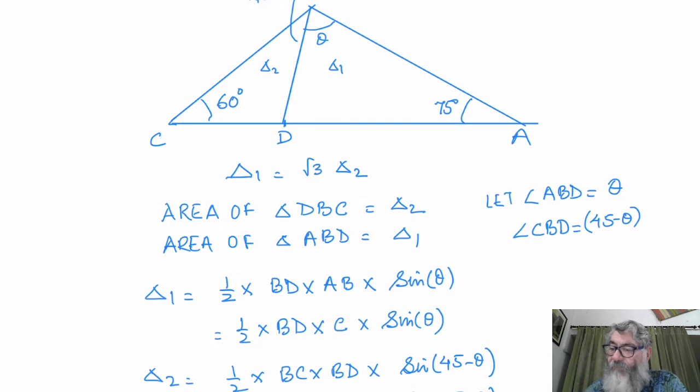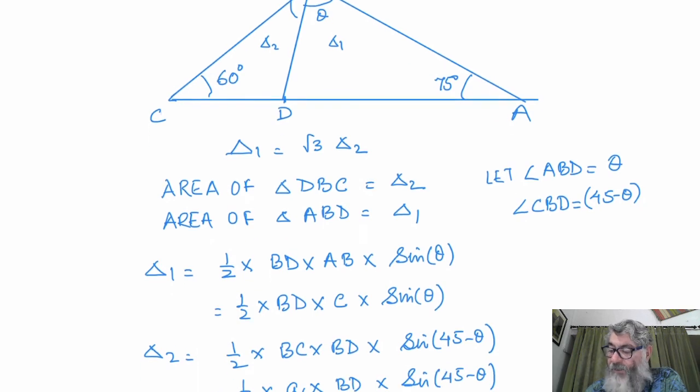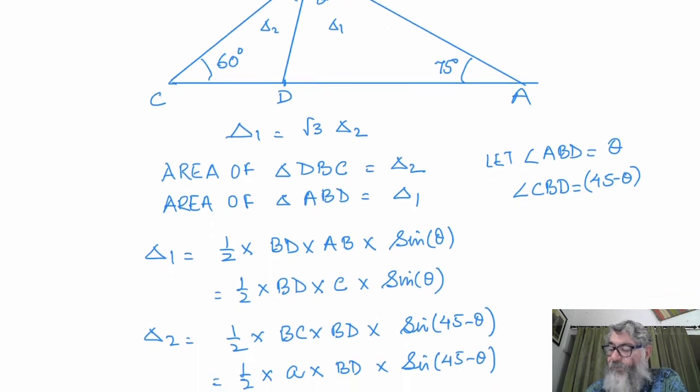Delta 2 is half into BC into BD, and between BC and BD the angle is 45 minus theta. I have to include theta because I need to calculate that angle. So half into a into BD into sine 45 minus theta.